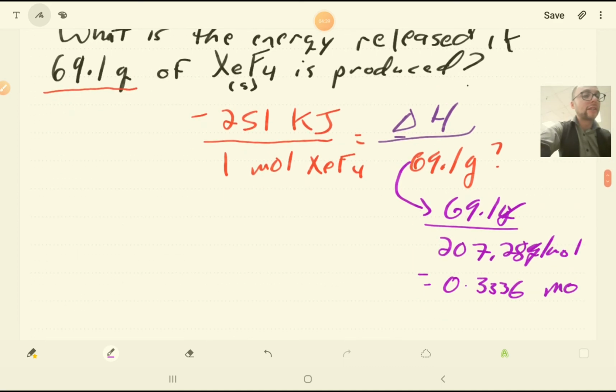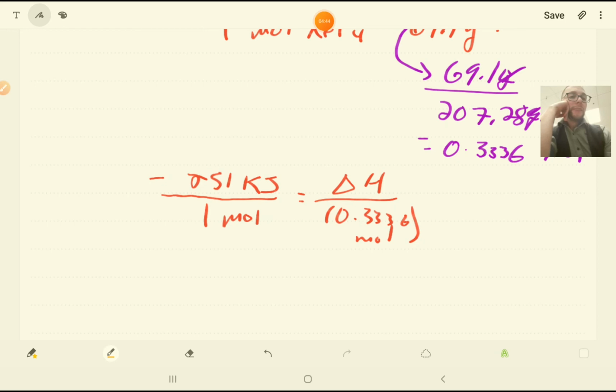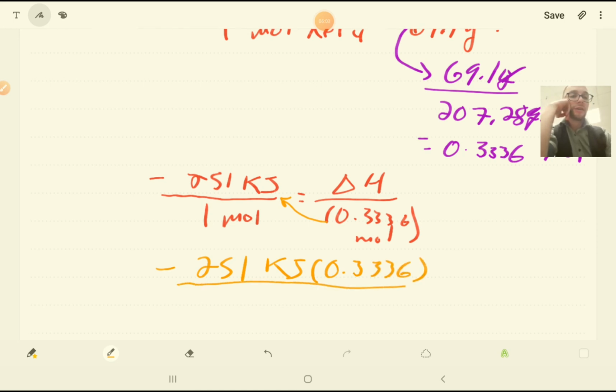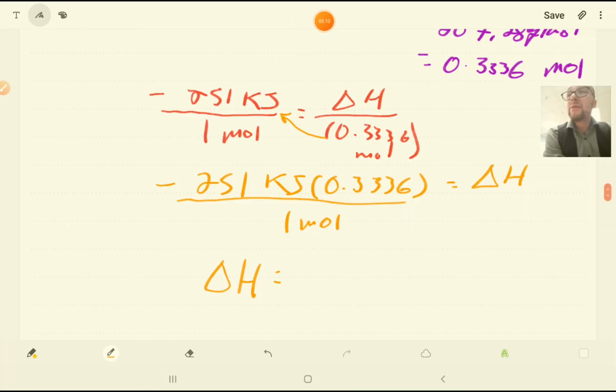We take this amount and place it into our equation, and then we cross multiply. That brings the molar amounts to the other side, and we can isolate for the enthalpy change. So negative 251 kilojoules multiplied by 0.3336 is equal to delta H.